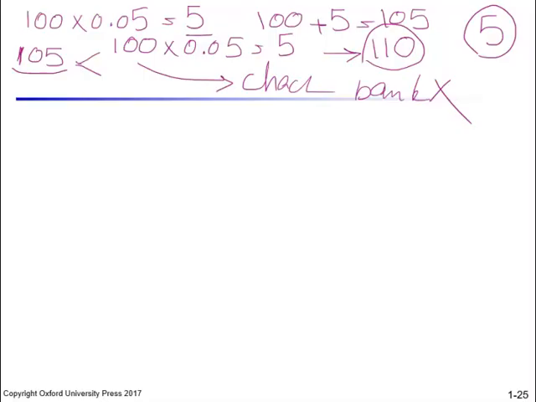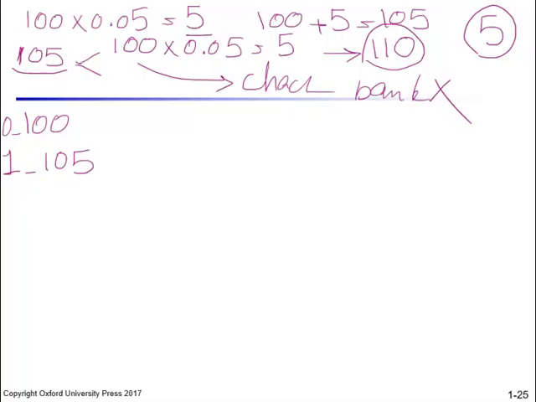But now the story is different when we are working on compound interest. What happens with compound interest? After you put 100 at time 0, at the end of the first year, you have 105.